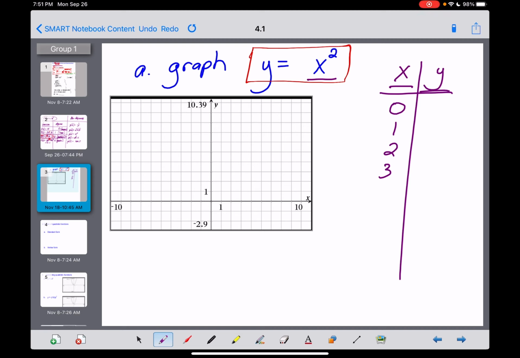And of course, that means 0 times 0, and we end up with 0 for y. So 0, 0 is our first solution to this particular two-variable equation. So we go ahead and plot it, and then I ask you a really dumb question. Do you now know what this graph looks like? And the answer is, of course not. You never know after just 1 point.